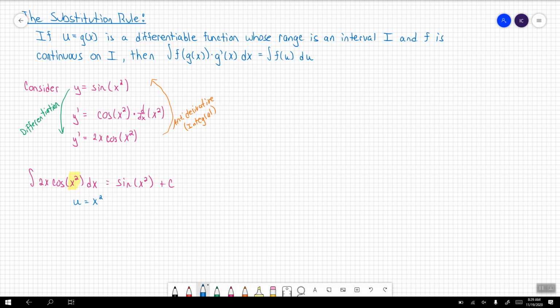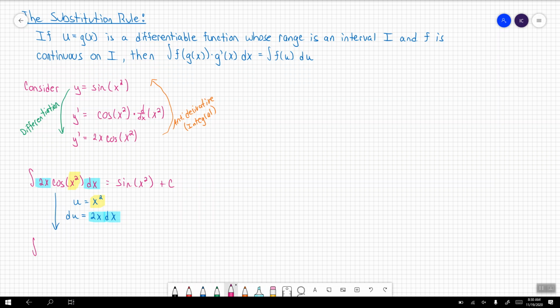So we have to check the differential here. du is going to be 2x dx. And you're going to see here that we do see our differential 2x dx. That differential I will highlight here, 2x dx, and it is multiplying the function. Therefore, what we could do then is rewrite this integral.